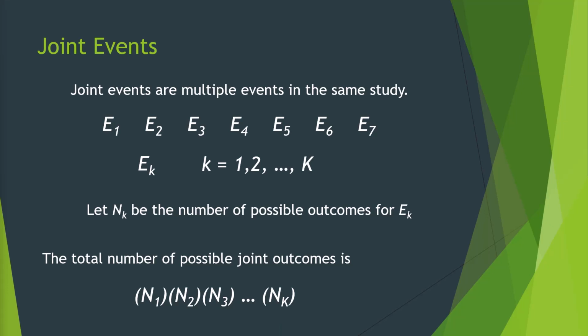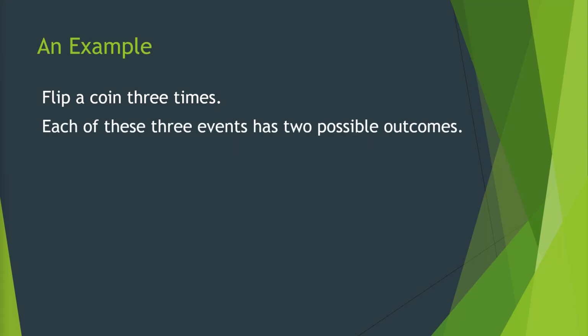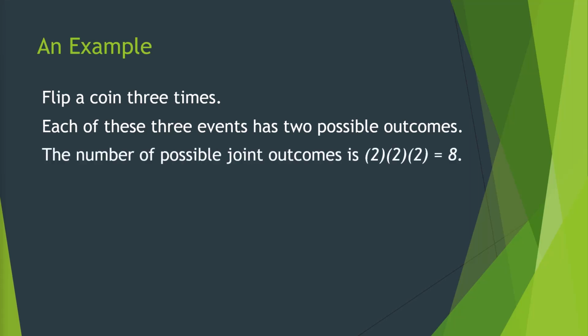Let's look at an example, and this time, let's go ahead and stick with Bernoulli events since that's what we're learning about. Flip a coin 3 times. Each of these 3 events has 2 possible outcomes. The number of possible joint outcomes is 2 times 2 times 2, or 8, because n1 is 2, n2 is 2, n3 is 2.